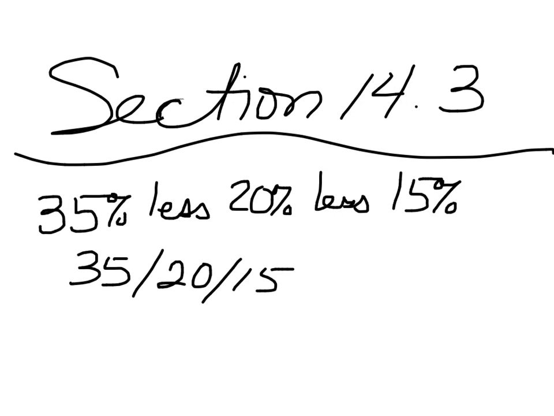Then 20% off of that number, not 100, but the new number. Then you take the last number, after you've done the 20%, and take 15% off of that. So it's not where you'd add all of them together and take it off of $100. You'd take 35% off first, then 20% off of that number, then 15% off of that number. Okay, so you do it in order.